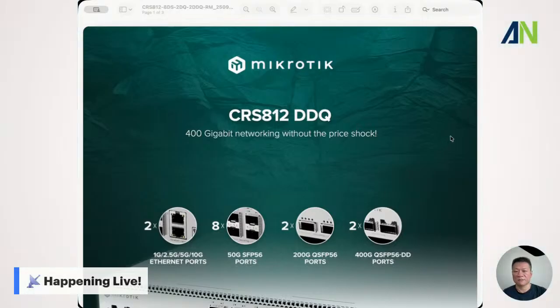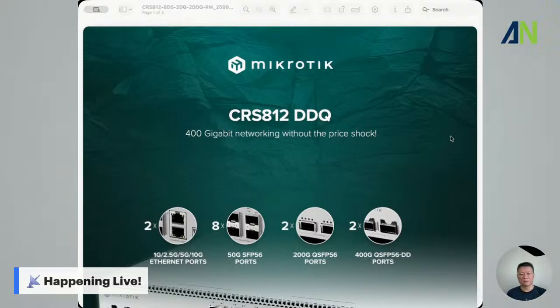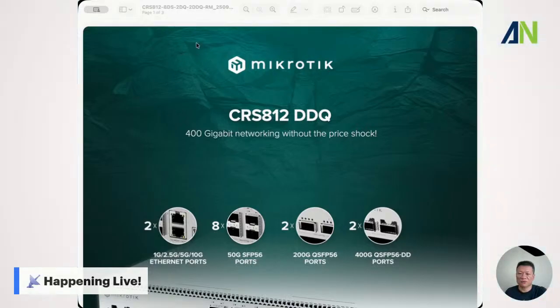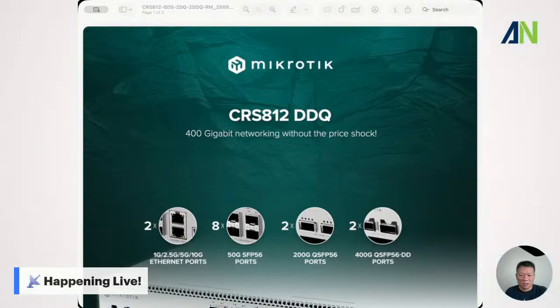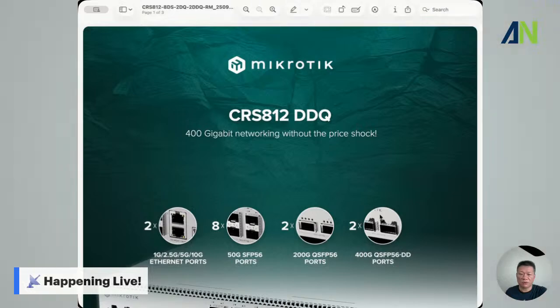It's the first switch with a 400 gig interface from MikroTik. Okay, so let's go through the brochure.